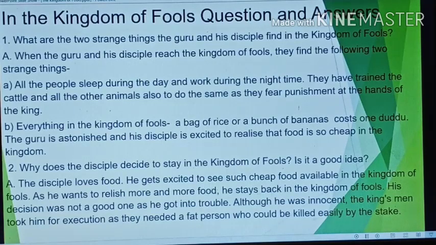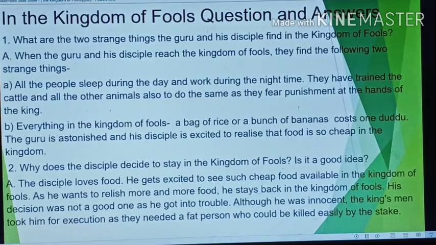What are the two strange things the Guru and his disciple find in the Kingdom of Fools? When the Guru and his disciple reach the Kingdom of Fools, they find the following two strange things. A. All the people sleep during the day and work during the night time.